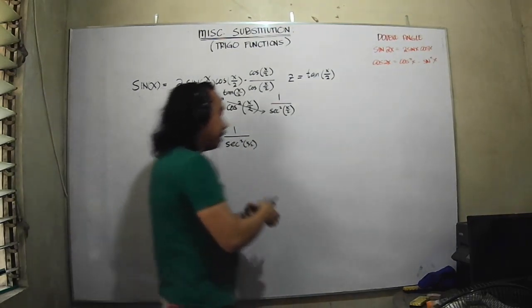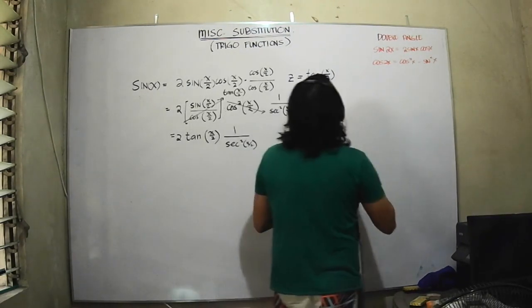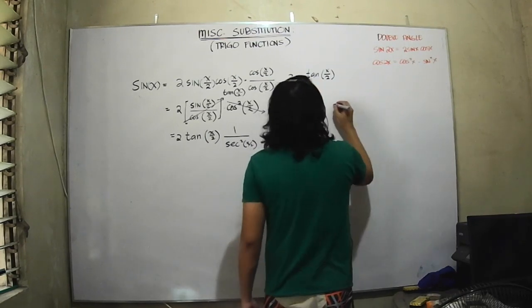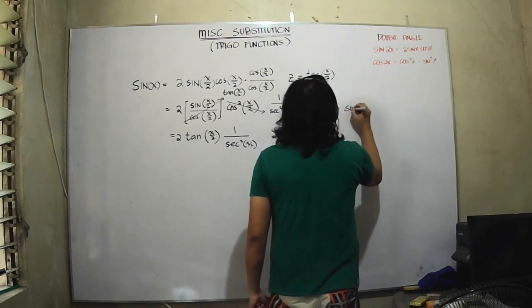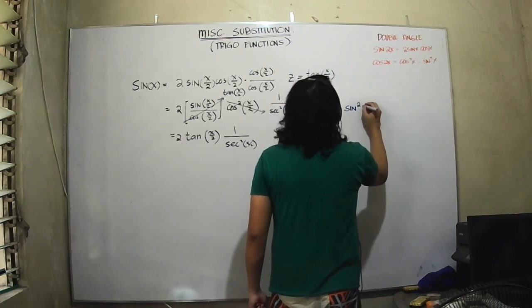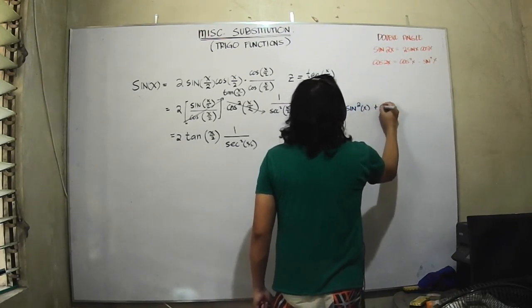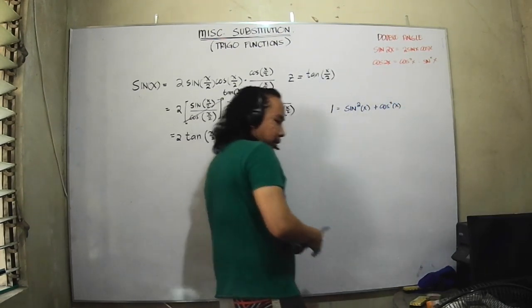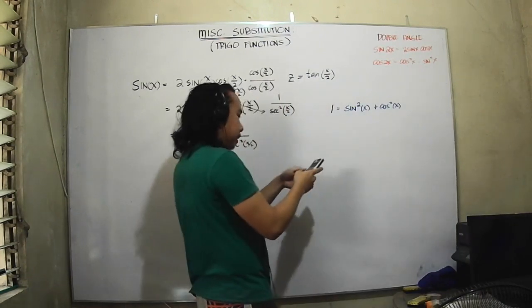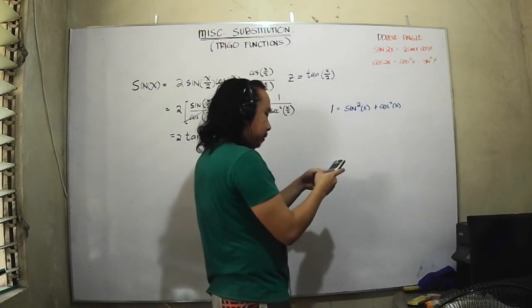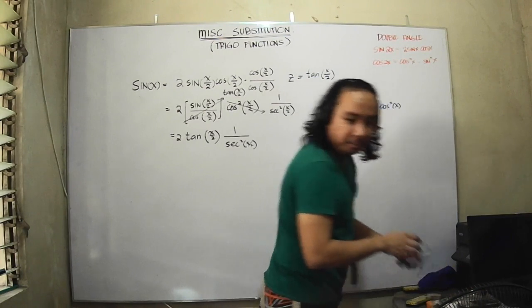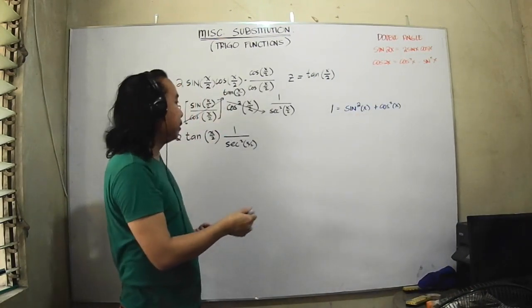Now let's recall the Pythagorean identity: 1 is equal to sine squared x plus cosine squared x. I'd like to verify it with a calculator. Okay, correct.